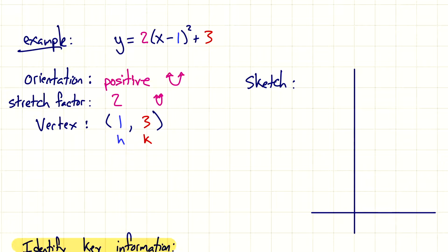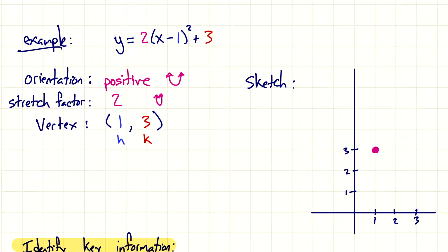Let me label these. So this is going to be 1. This is 1, 2, 3. I didn't even label these. 2, 3. All right, so that means my point is going to be at 1 on the x-axis and up 3 on the y-axis. So this is 1, 3. So this is where our parabola is going to be located.